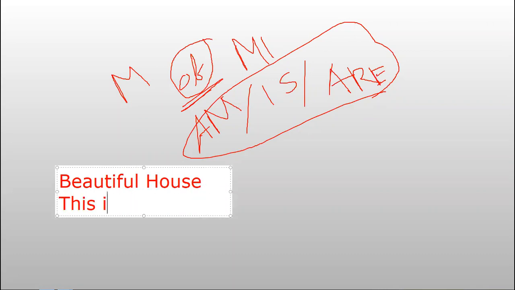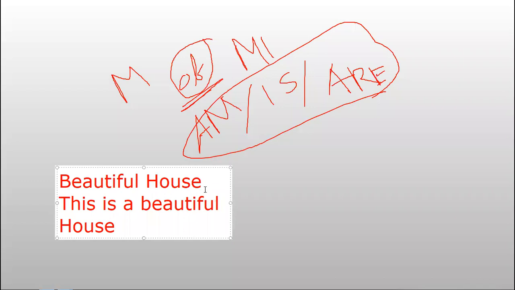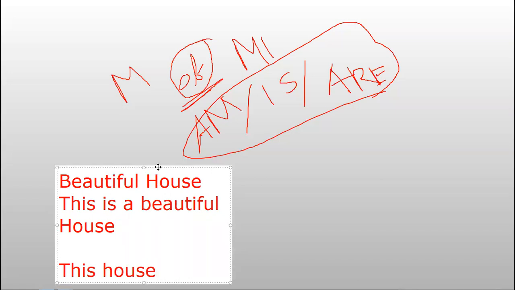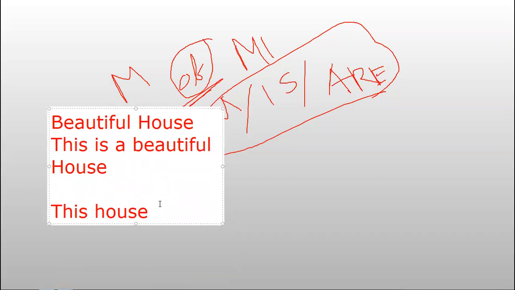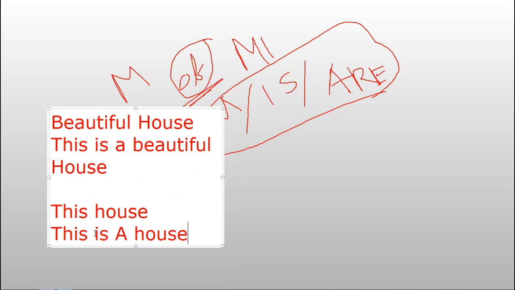If I say this is a beautiful house, then it's a sentence because the 'is' is here. Or if I say this house, this house is a fragment. If I say this is a house, then it's a sentence.